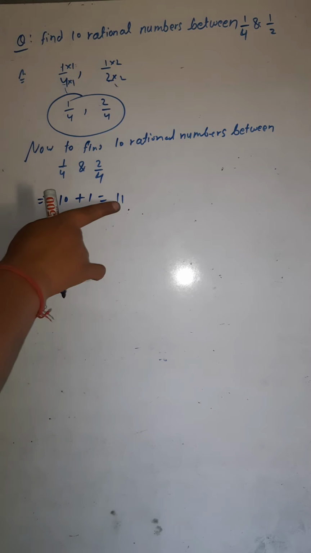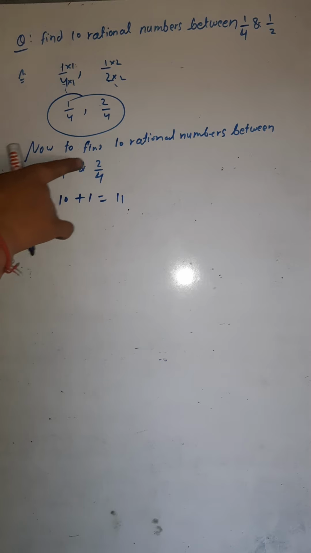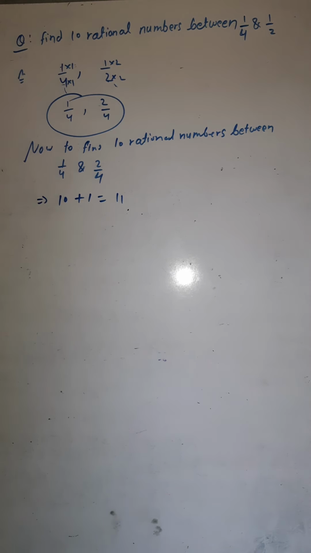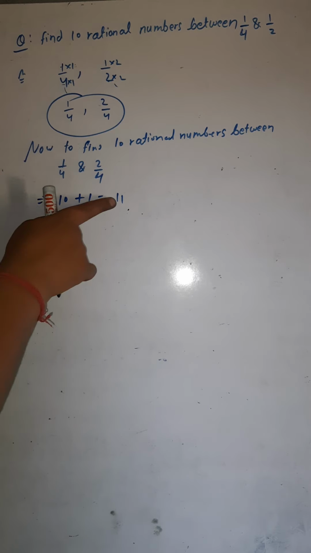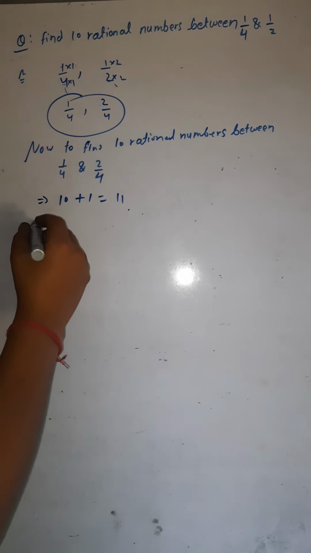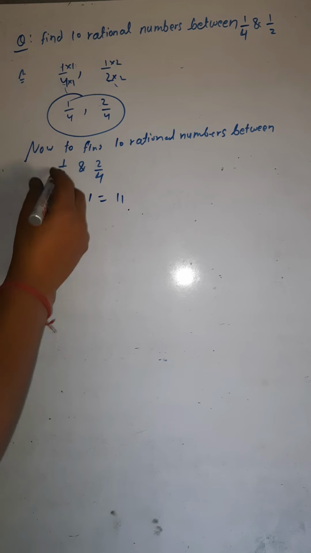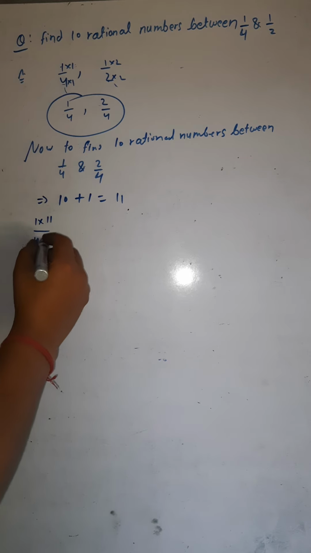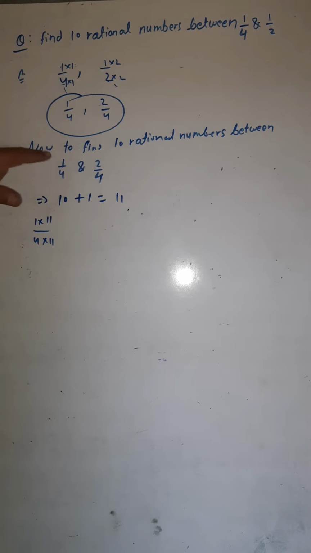You would be multiplying that by this 11 to both the rational numbers, as numerator as well as the denominator also. Are you getting? Now what to do? You would be multiplying by this 11 to both the fractions. Okay. Now here I am writing 1 multiply 11 by downside 4 multiply 11.